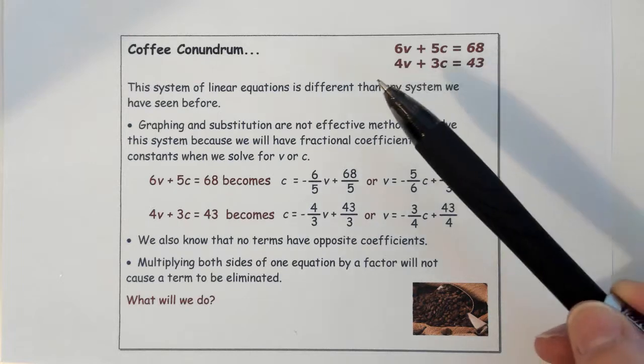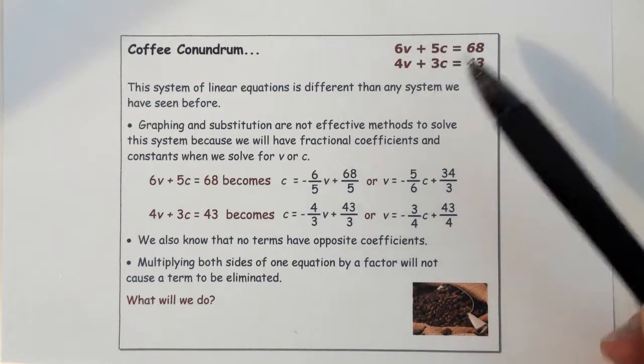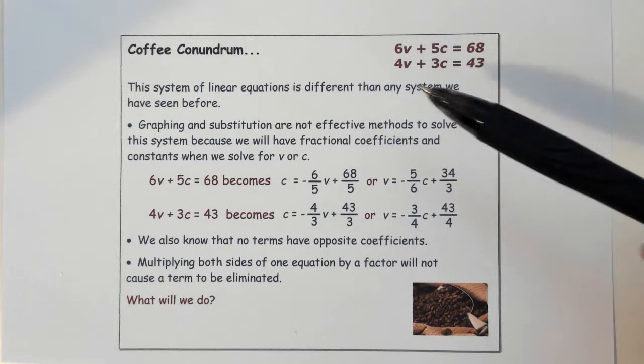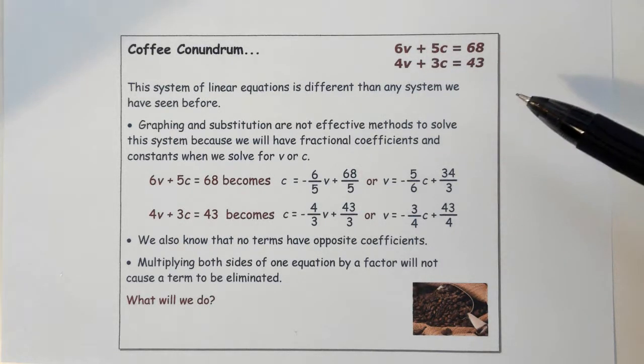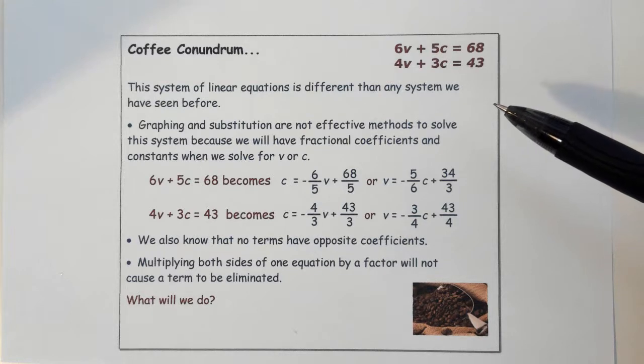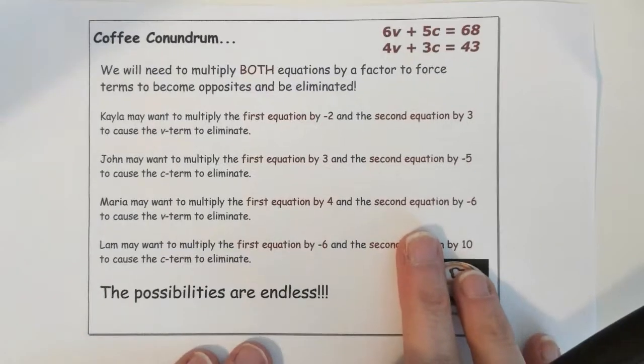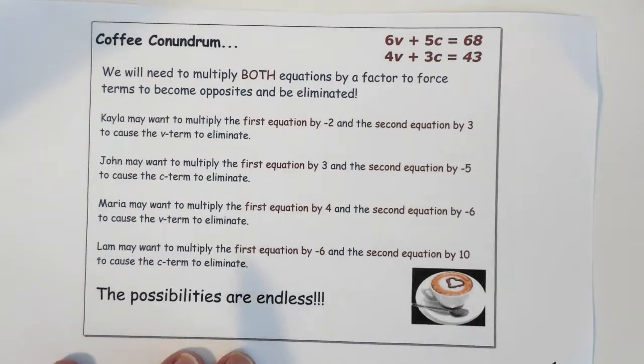It's crazy. There's no one number that I can easily use to eliminate a term and give me whole number coefficients. Remember, we don't want fractional or decimal coefficients because they're weird and we mess them up. So let's talk about what we're going to do. For this problem, we're going to need to multiply both equations by a factor.